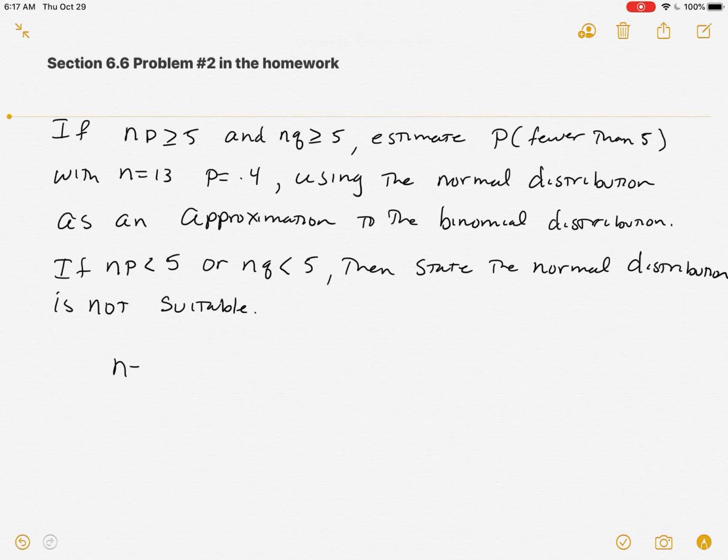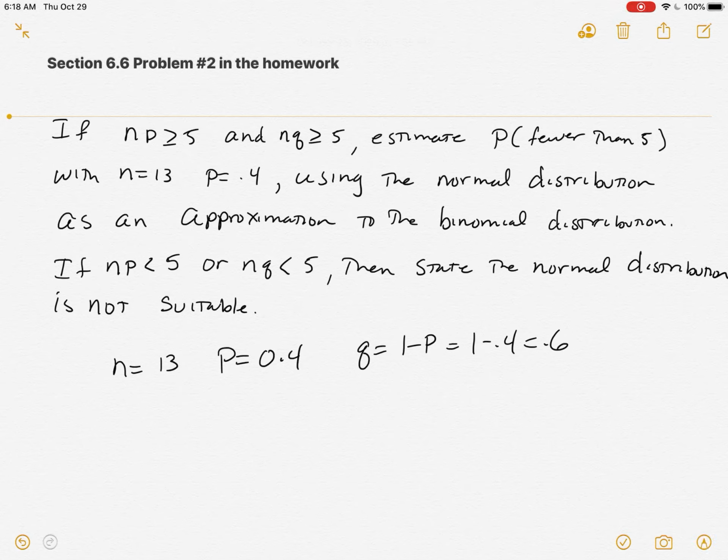If you look at the n that they gave us, n was 13. They gave us p was equal to 0.4. So hopefully you remember that q is 1 minus p, or in this case 1 minus 0.4, which is 0.6.